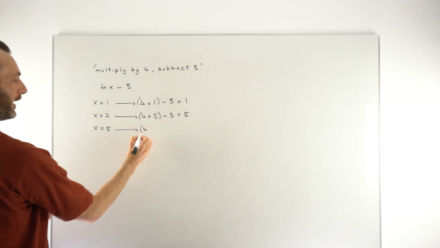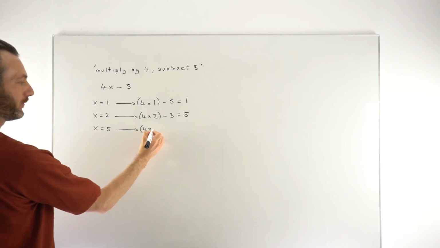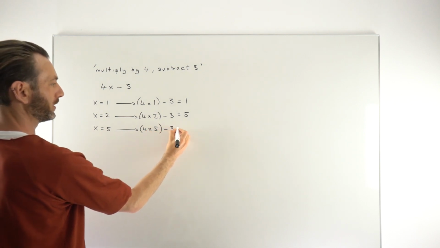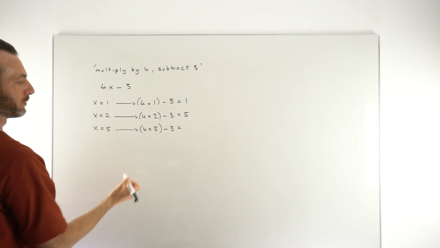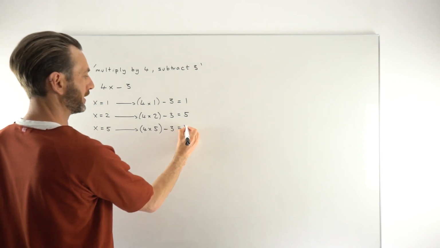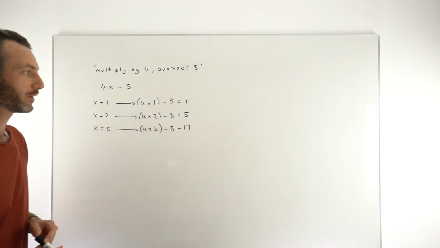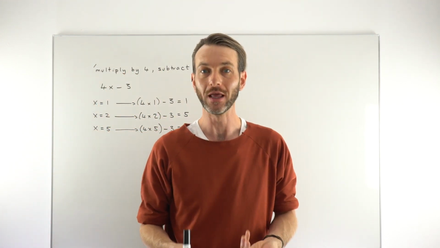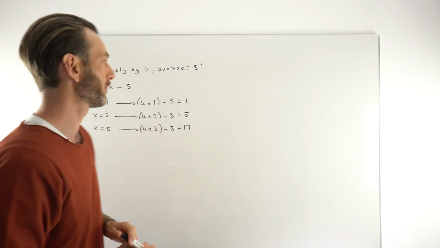So here, letting x be 5, it's going to be 4 times 5, where 5 is the value of our variable, and subtracting 3 again. 4 times 5 is 20, take away 3 is 17. So that's a very introductory level question in using an algebraic formula.